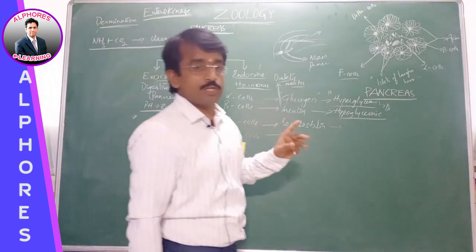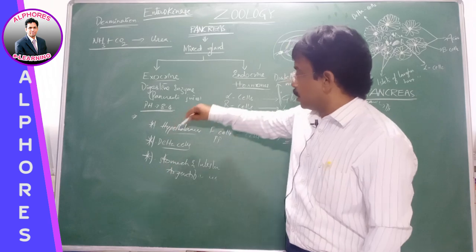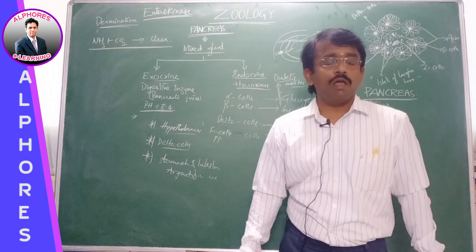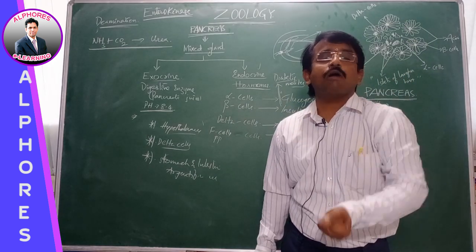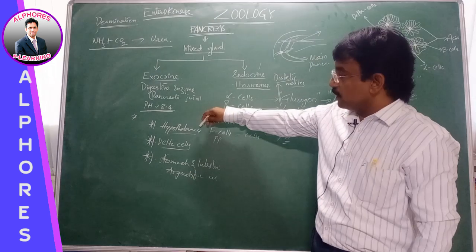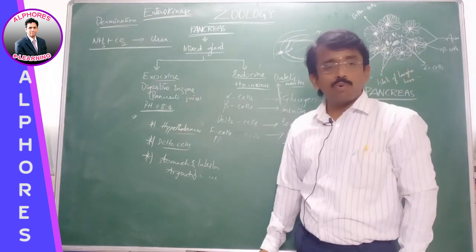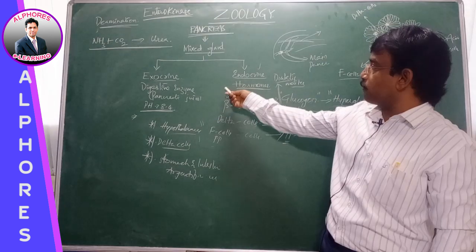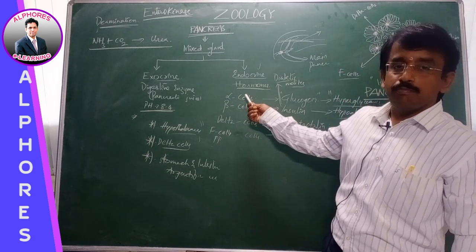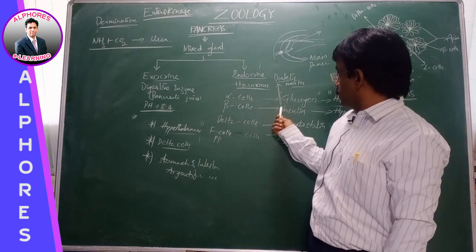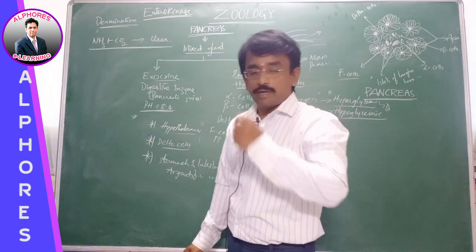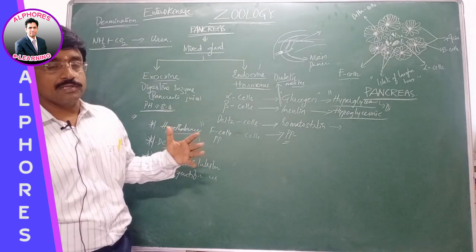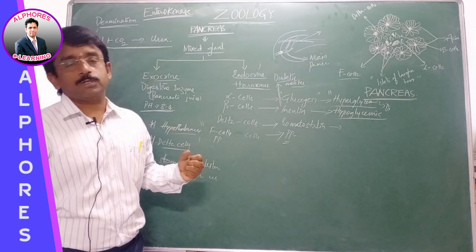So somatostatin has three sources. The somatostatin secreted from the hypothalamus inhibits the secretion of growth hormone. That's why it is the growth hormone inhibiting hormone. The second one, delta cells, inhibit the secretions of both glucagon and insulin, and in the stomach and intestine it inhibits the gastric as well as the digestive juices.